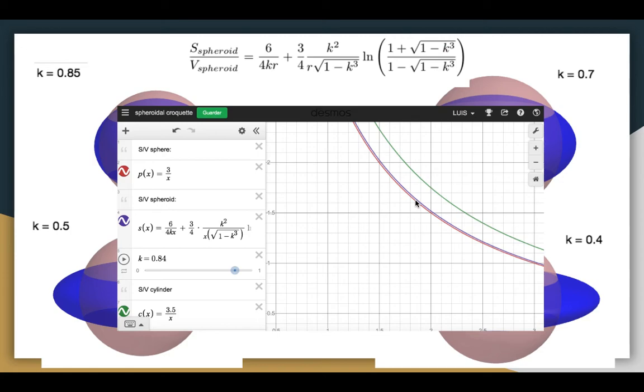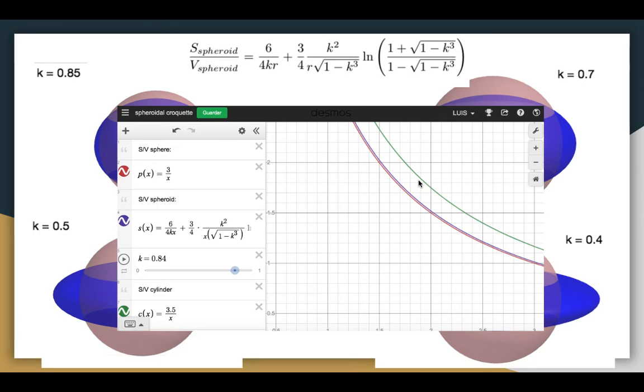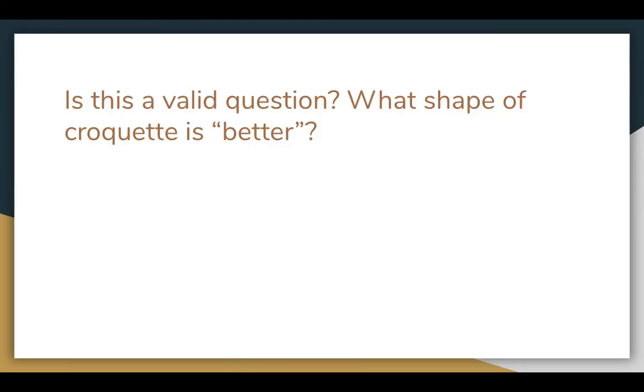And you had to give me a description of all that. When does it happen? For which values of K does that happen? Which one do you believe is a better croquette based on what the shape is, what the area is, if it is better or not? You have to explain, you have to elaborate on that.